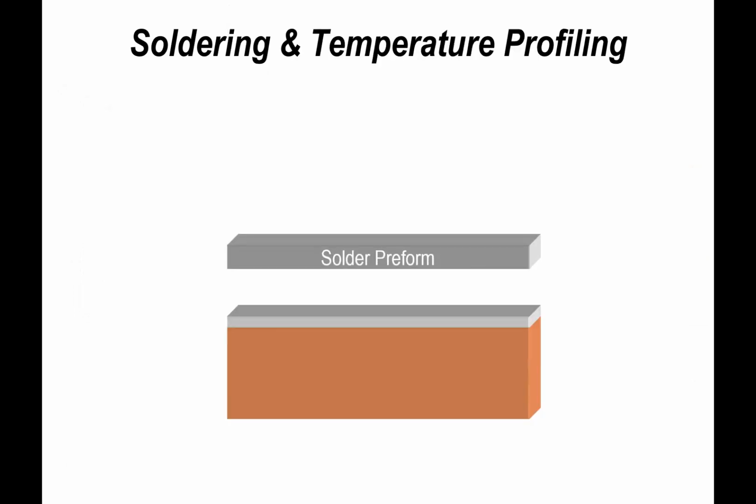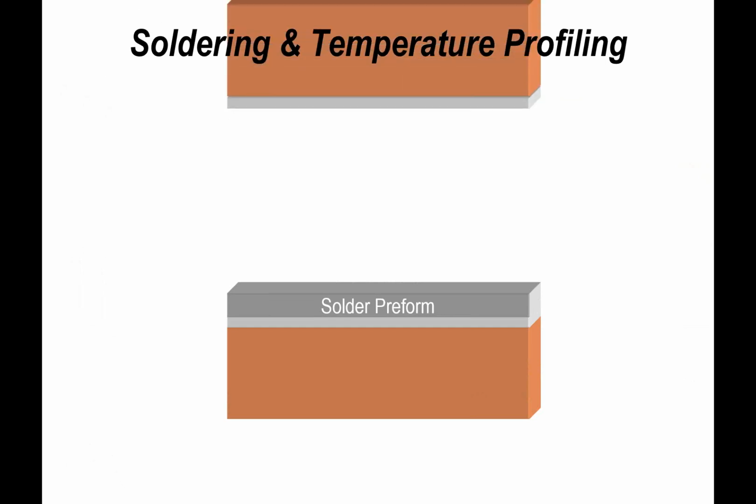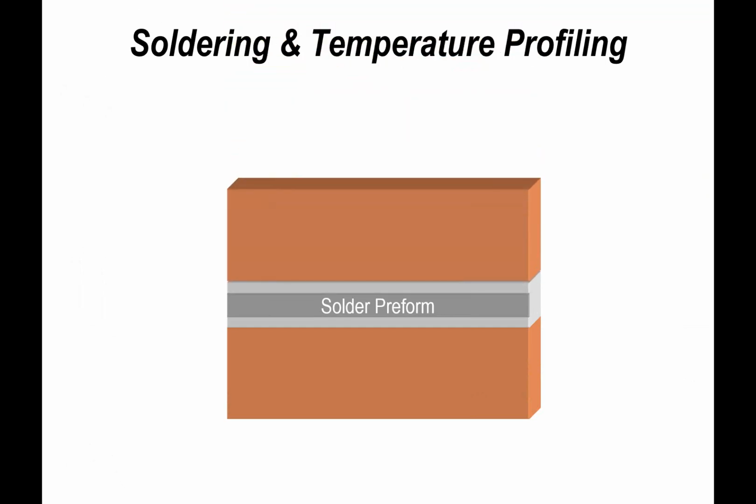So to produce a solder joint, we take our board, or our substrate, our component, our metal frame, whatever that might be. We place our preform, which may be fluxed, may not be fluxed, depending on the solder joint we're actually going to be producing, and of course the alloy we're going to be using. And then we place our other surface on top.